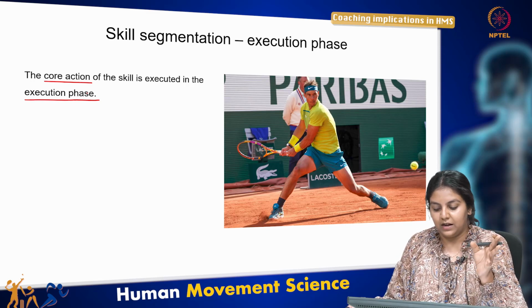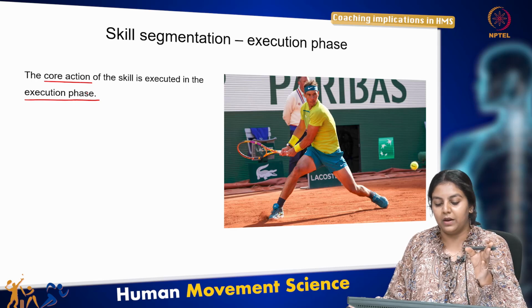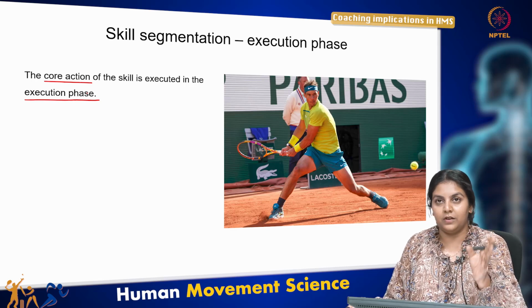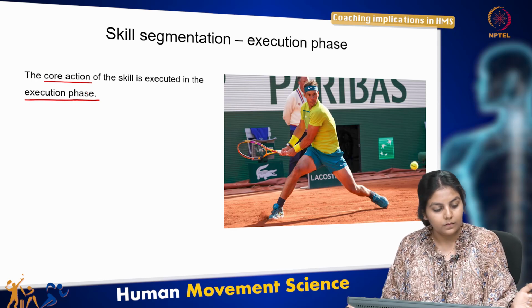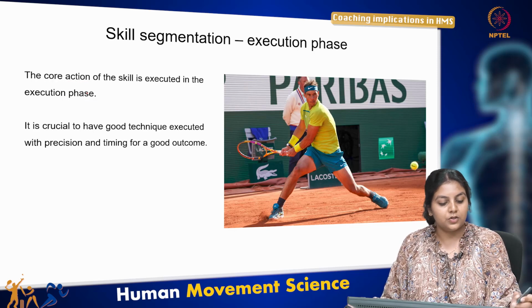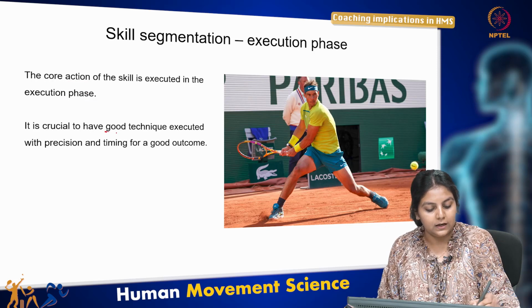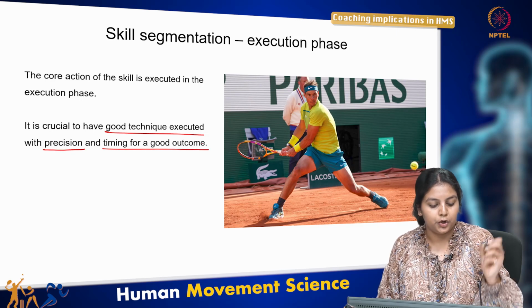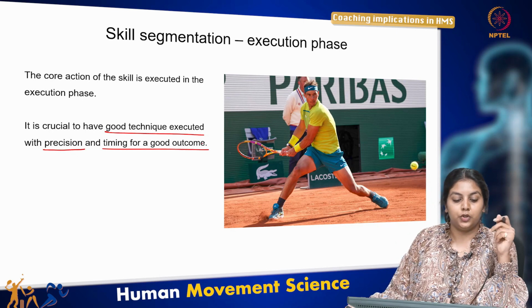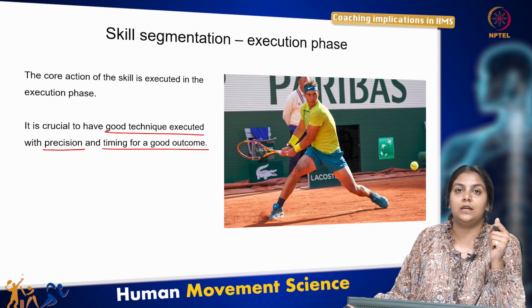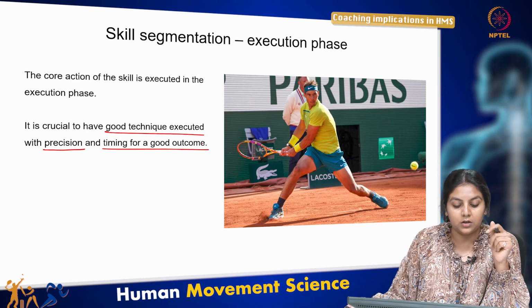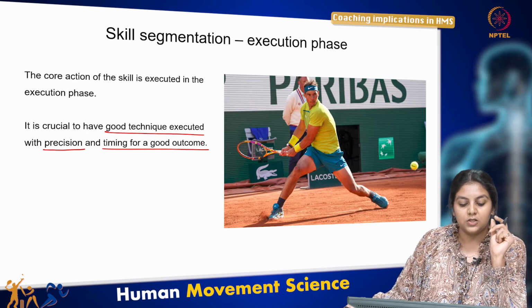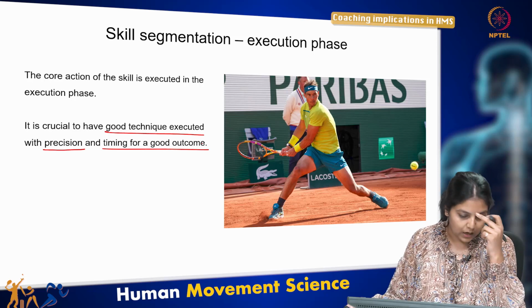It's an event of interest, and that's exactly where your execution phase starts. It's crucial to have a good technique executed with precision and timing for a good outcome. Your coordination, precision, timing, all of these are important nuances to look at.